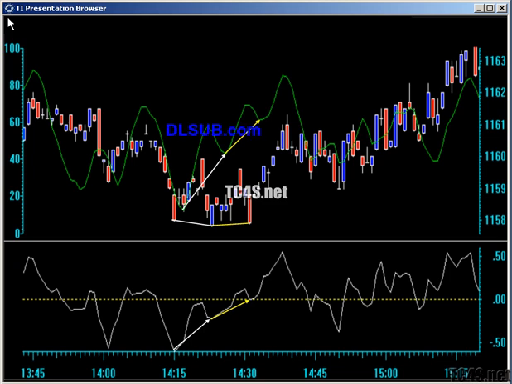Now pay close attention to this very important point. These two buy signals, which we've identified, have occurred so close together that they actually overlap, and they share a common low on the DS, price, and the MACD.